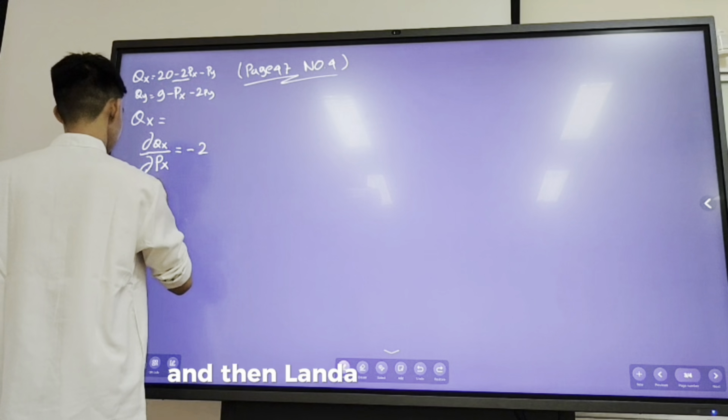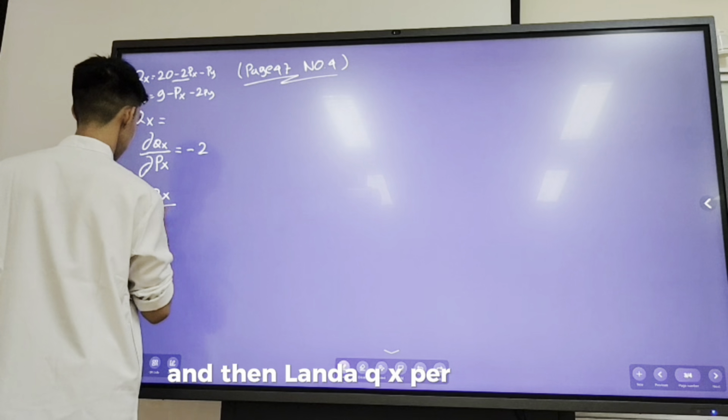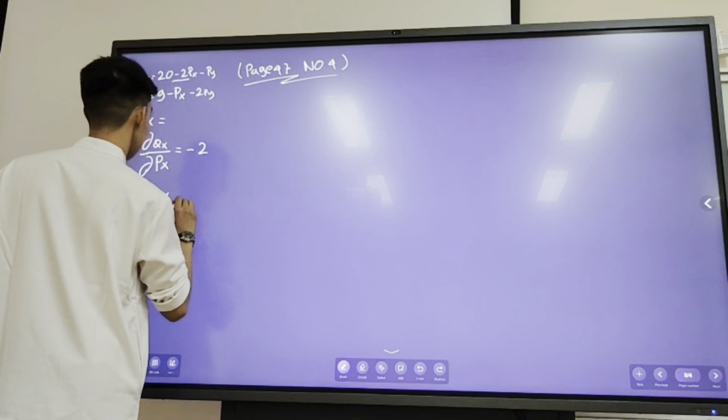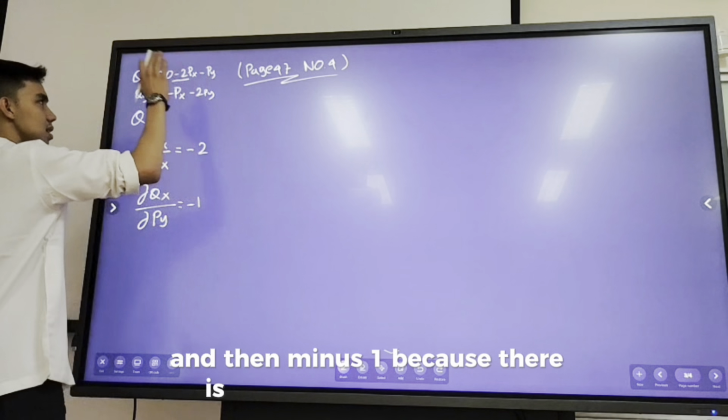And then lambda qx per lambda py equals minus 1, because there is no number in here.